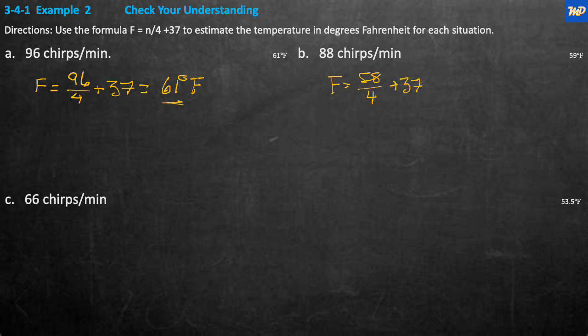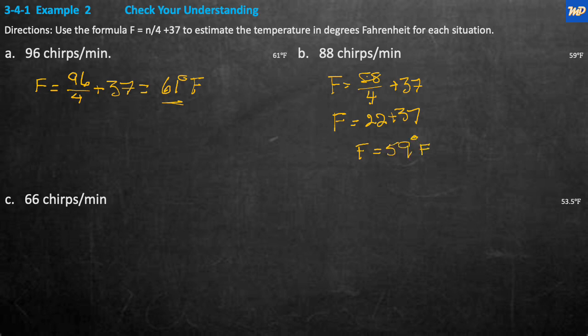My brain went to sleep on me for a second there. So again, F degrees Fahrenheit is equal to 88 divided by 4, which is 22, plus 37. 20 and 30 is 50, and 2 and 7 is 9. So F in degrees will be 59 degrees Fahrenheit.